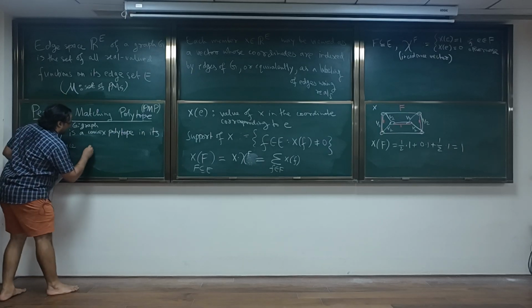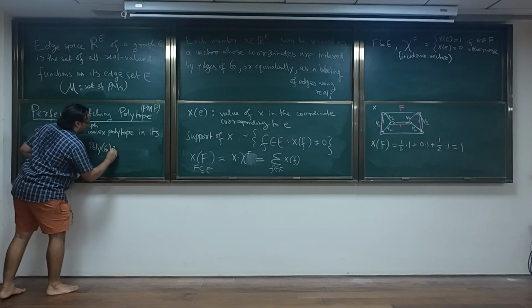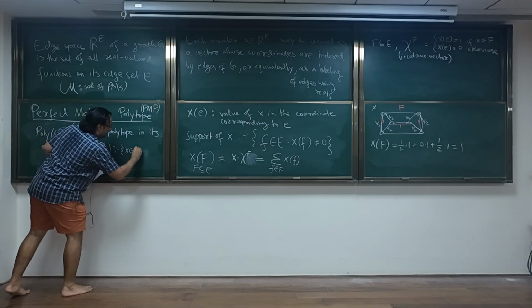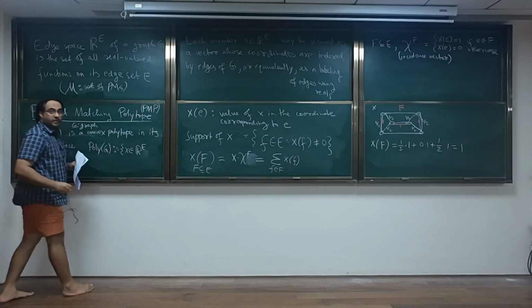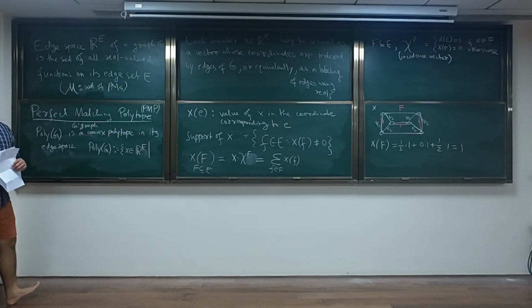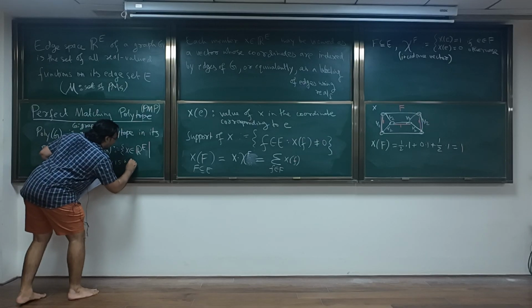Then the perfect matching polytope is simply all vectors in the edge space of this graph that can be written as convex combinations of perfect matchings.